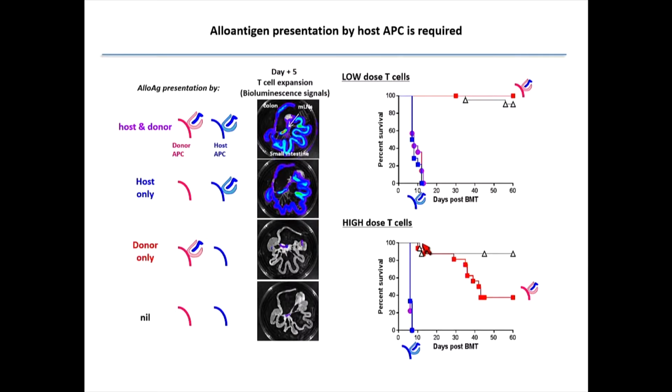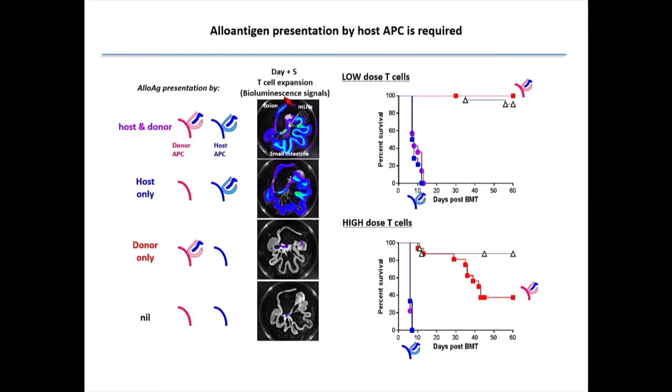So with these mice in different combinations, we can compare host and donor antigen presentation, host antigen presentation only, donor antigen presentation only, or no antigen presentation to these transgenic T cells. This shows the T cell expansion as a bioluminescent signal.